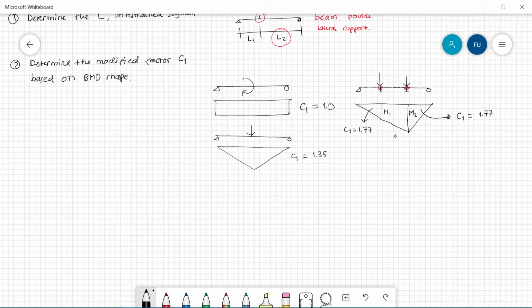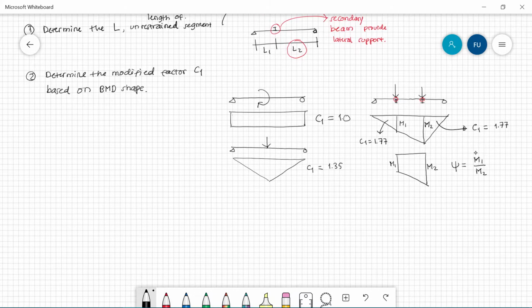For the trapezium shape, at the interior span, M1 and M2, the C1 is determined by the ratio of the bending moment, M1 over M2.